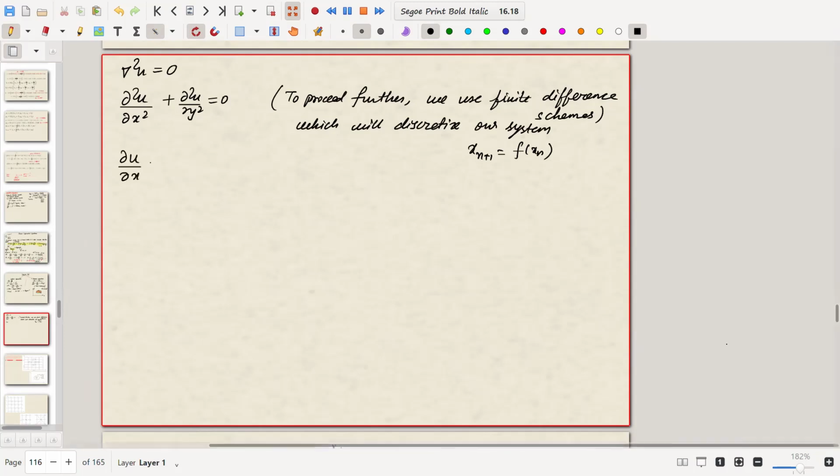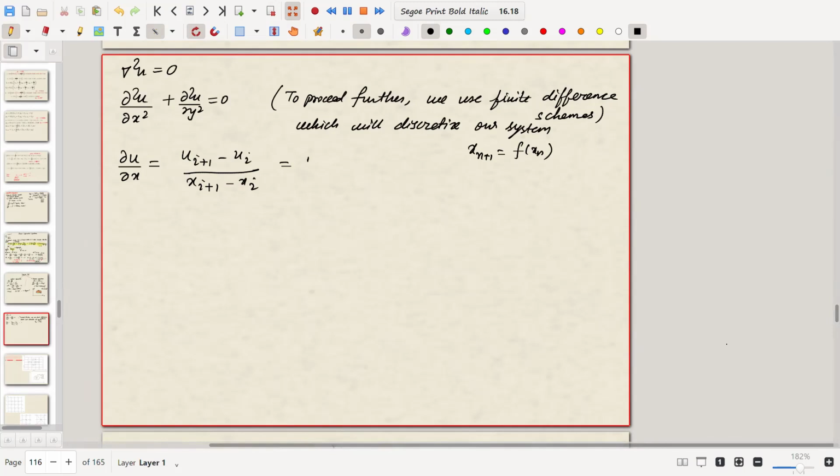Dou u by dou x, as I told you, is just like a derivative, so you can treat it as a slope form. What is the slope form? u i plus 1 minus u i divided by x i plus 1 minus x i. The 2-point slope form, you remember. This is u at x i plus 1, this is u at x i.